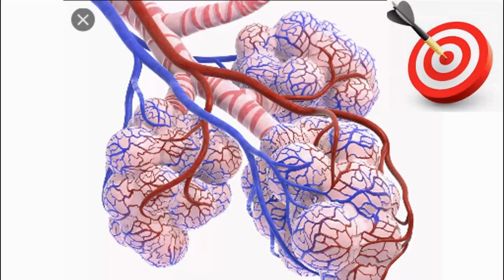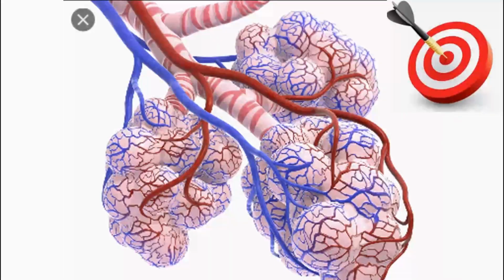In order to hit the target very well in the center, what is called bullseye, it is not enough to have passages bringing good air to fill the alveoli. You also need blood vessels to come and approach these alveoli, surround them as you can see in the image, and the process of exchange of gases will happen.